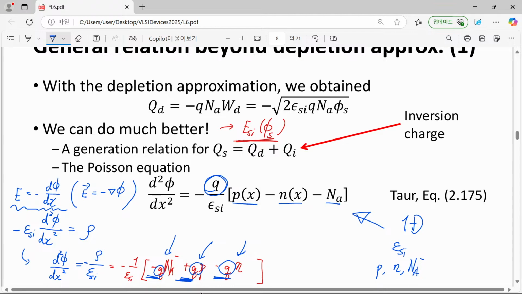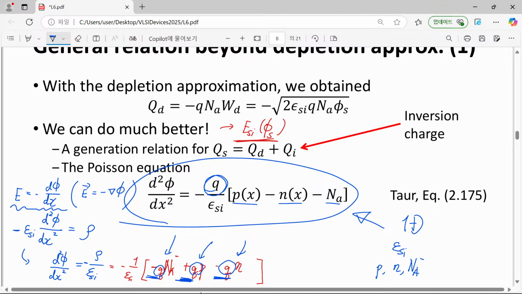If you can solve this equation, then as a solution you will find the potential as a function of position, also electron density and hole density as a function of position. Ooh, good, great. But unfortunately, solving this kind of Poisson equation is really elaborate. We need a computer program.